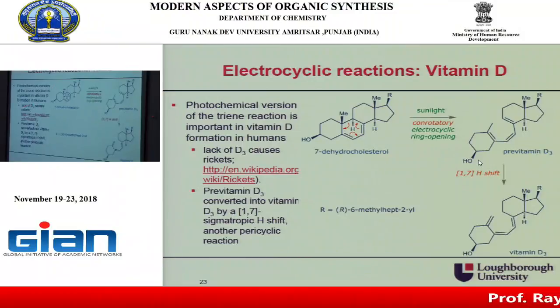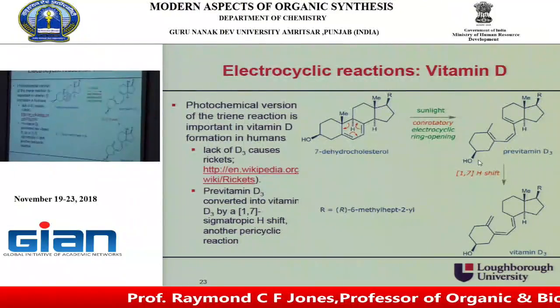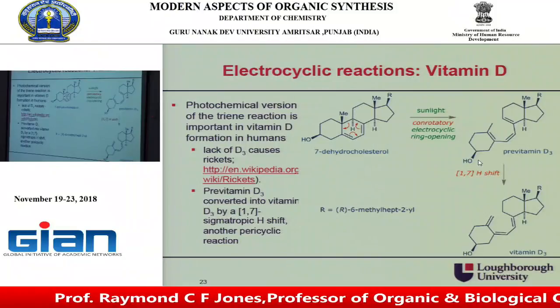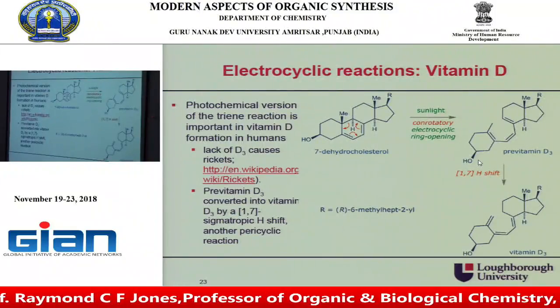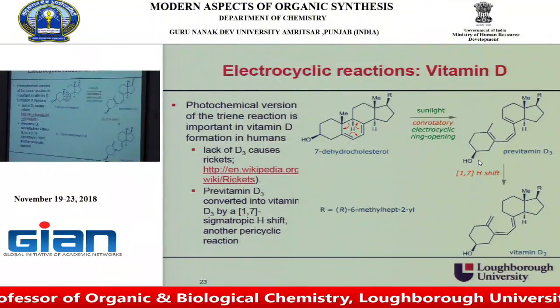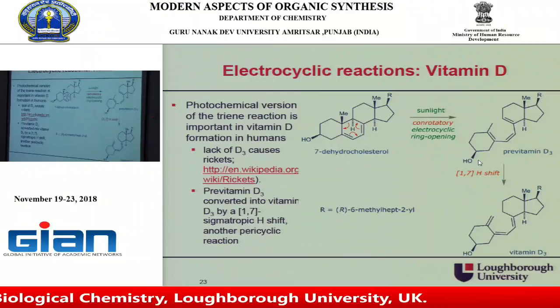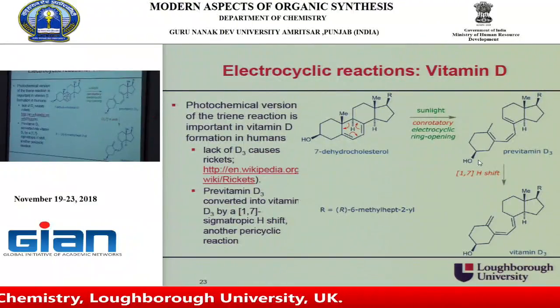Now we depend on that. Lack of vitamin D3 causes rickets, which is more of an issue with Asian people, first generation in the UK, than it is with native Westerners, although it's not unknown if you are vitamin D deficient. I think something like 20% of the population in the UK are deemed to be vitamin D deficient enough that they should take a supplement.